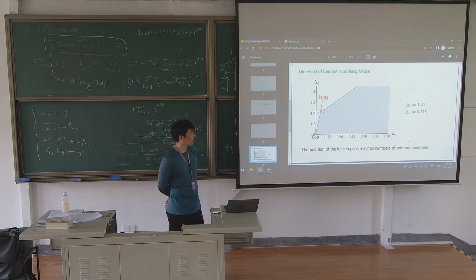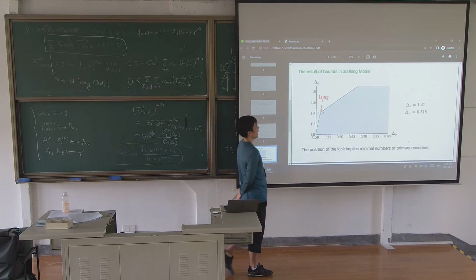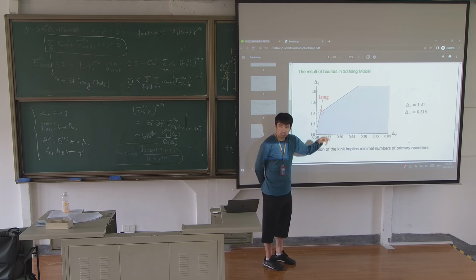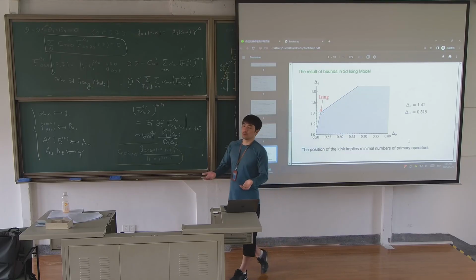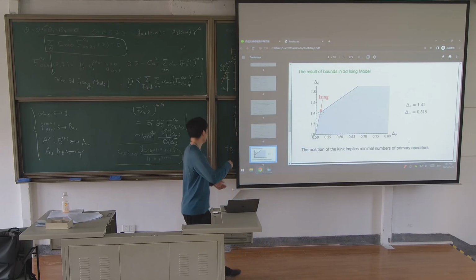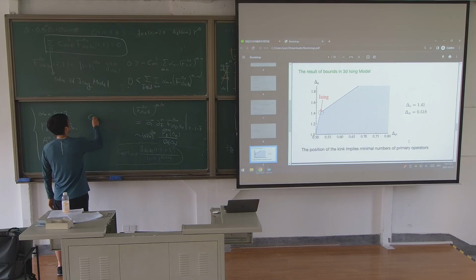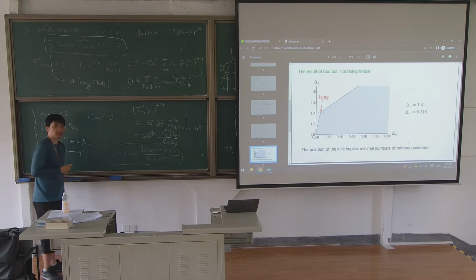And what happens is that if you move along these edges, you will encounter that at this kink the operator coefficient C sigma psi becomes 0.